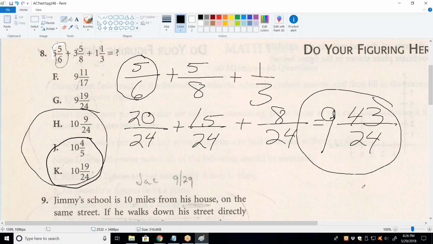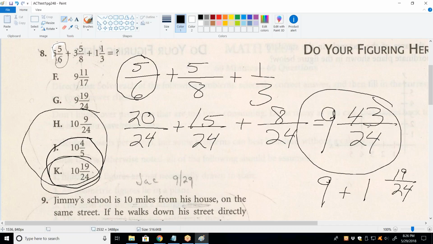Don't do it on your calculator. Do it by dividing 24 into 43. You get 1 and 19/24 is the remainder. And you still have your 9. And then you add it. And so now you got 10 and 19/24, and you know your answer.